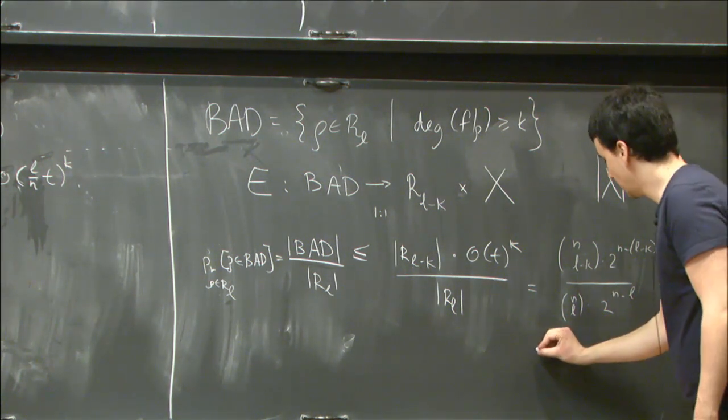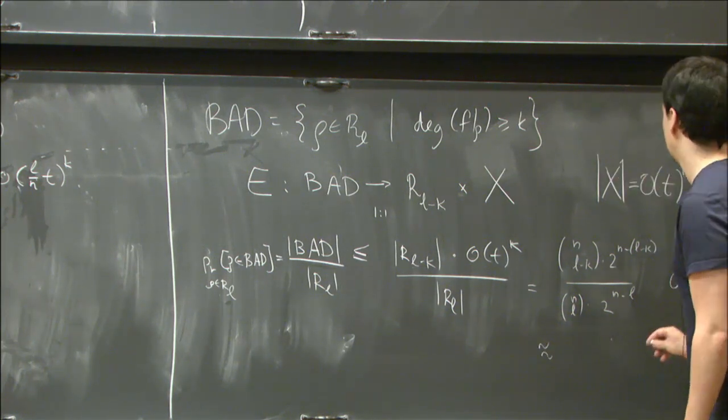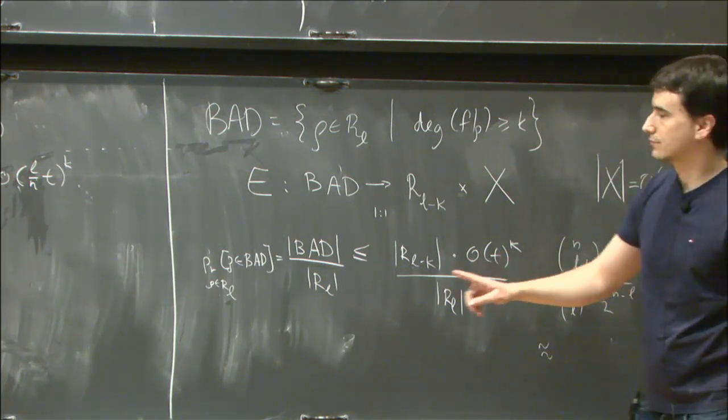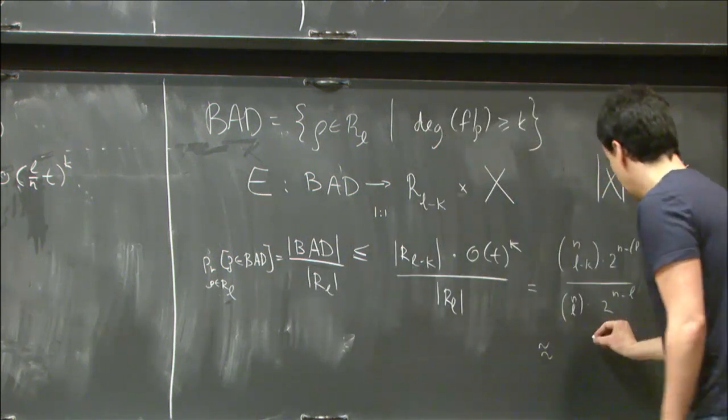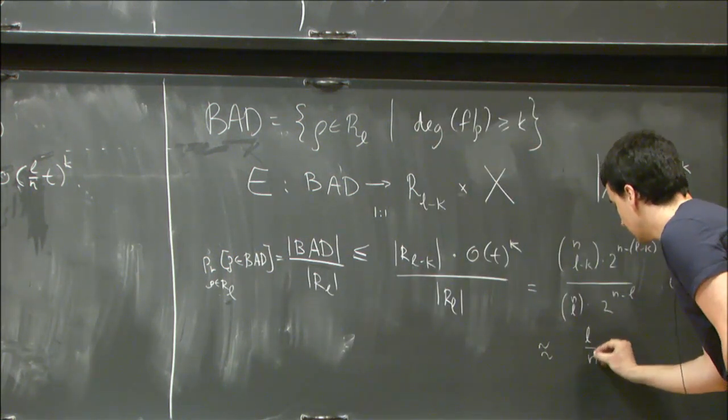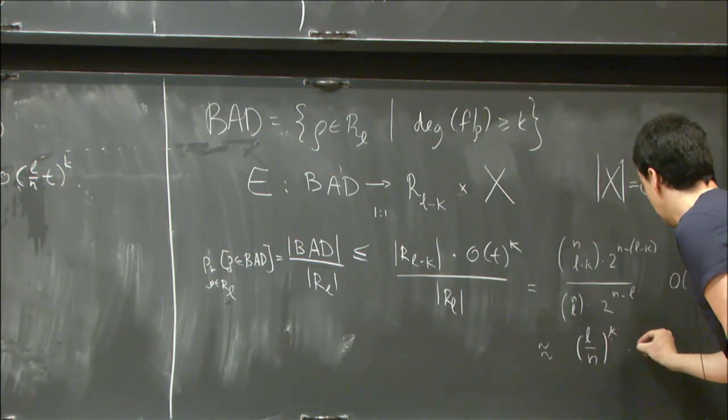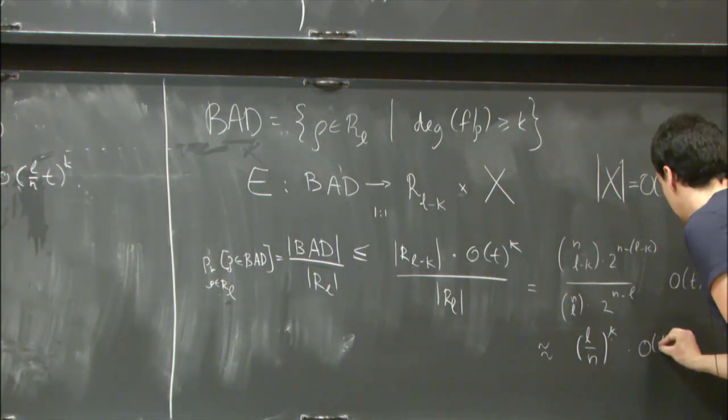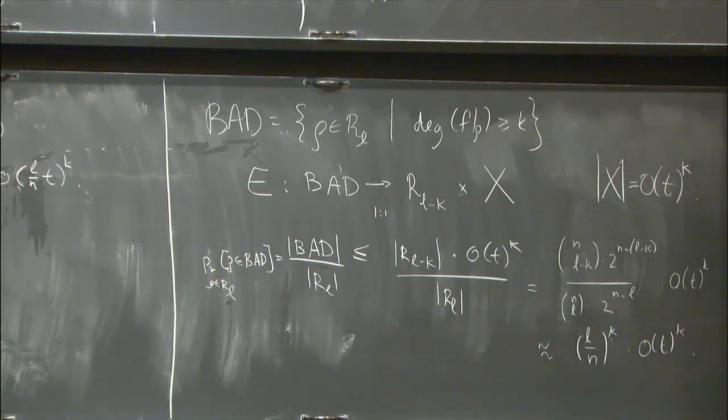And this is more or less L over n to the k times O of t to the k. So this is a general way to prove such a thing.